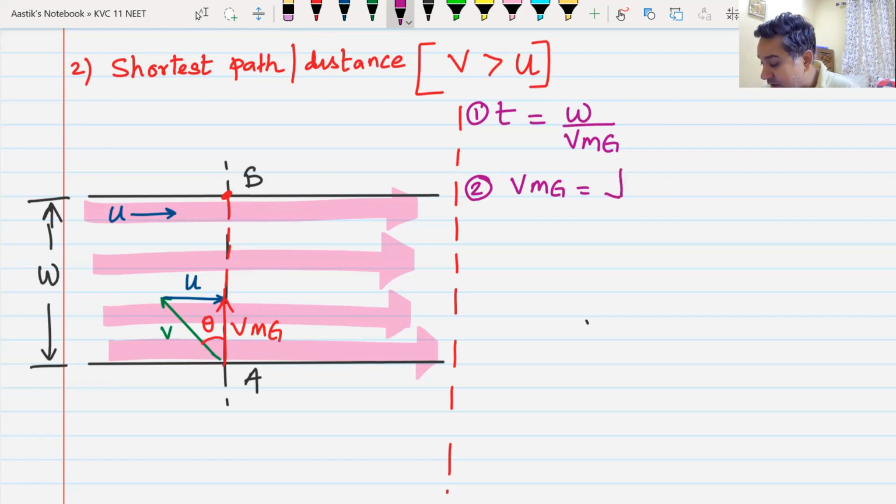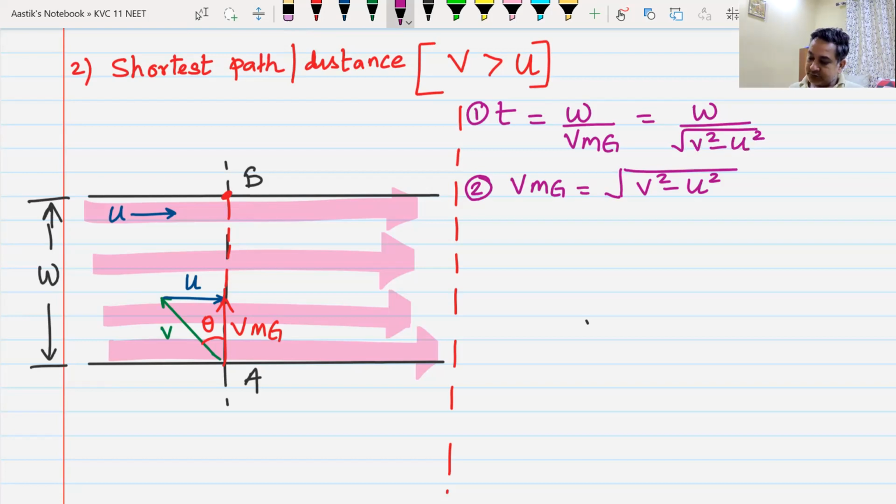So now it becomes V square minus U square. Do we understand this? So the formula of this time becomes W divided by under root of V square minus U square. This is the time it takes to cross the river.